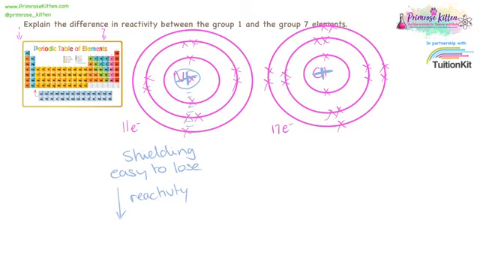Now, when we're talking about group 7, we still have the positive nucleus and we have this gap here. And the nucleus wants to bring in an electron to fill this gap. But again, we have this shielding. And the more shells there are, the harder it gets to fill.